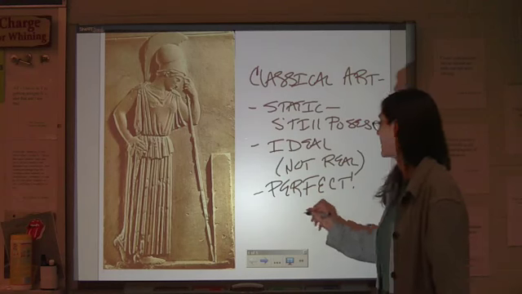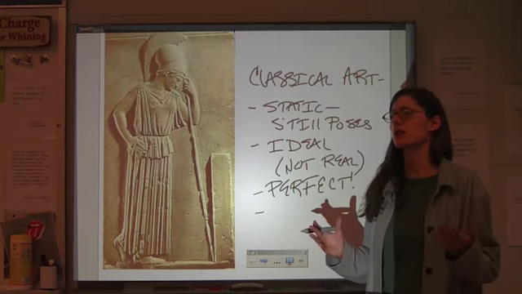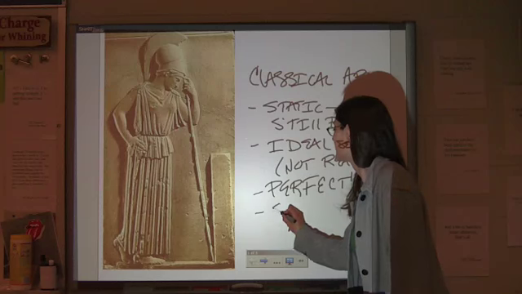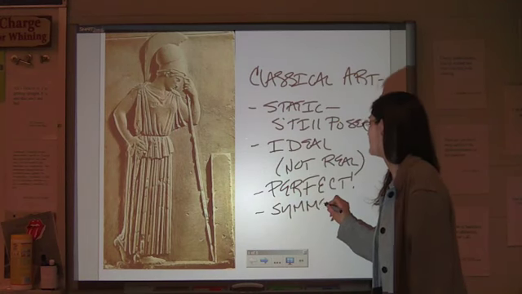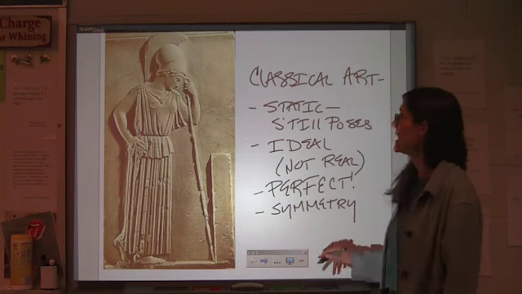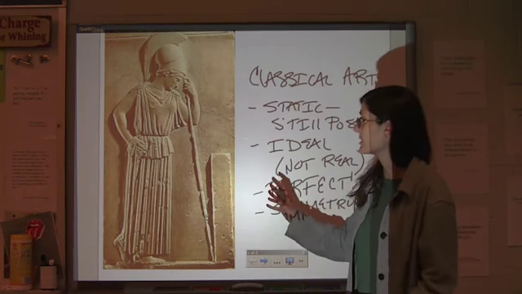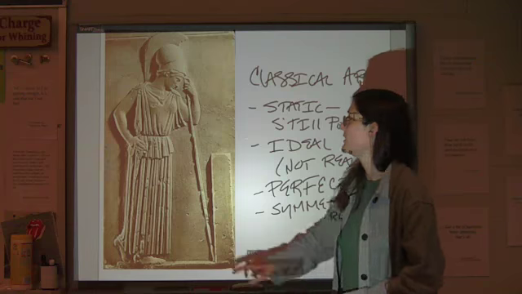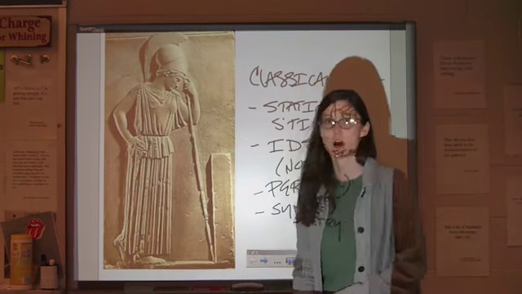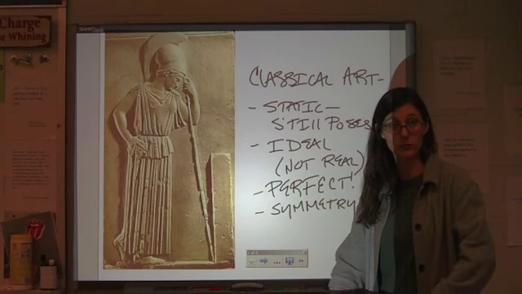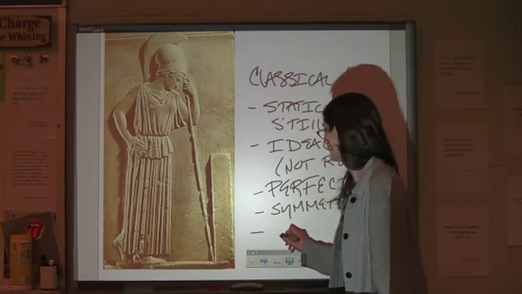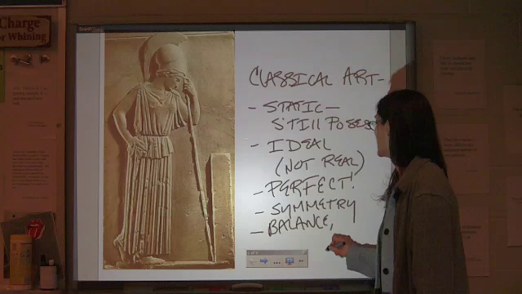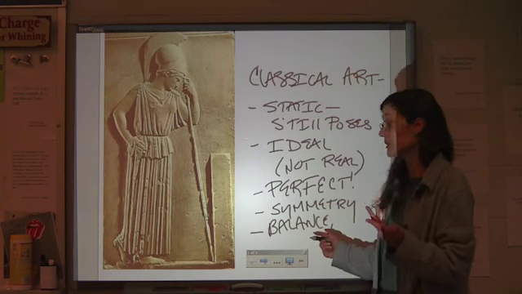Very typical. Another characteristic, and you see this a lot with not just the sculpture, but in the architecture as well, symmetry. Now, with this pose, we don't really see that because she's slightly turned to the side, but we do have these very orderly lines down her clothing with the way you see the ripples coming down. It's very balanced. It's very well proportioned.